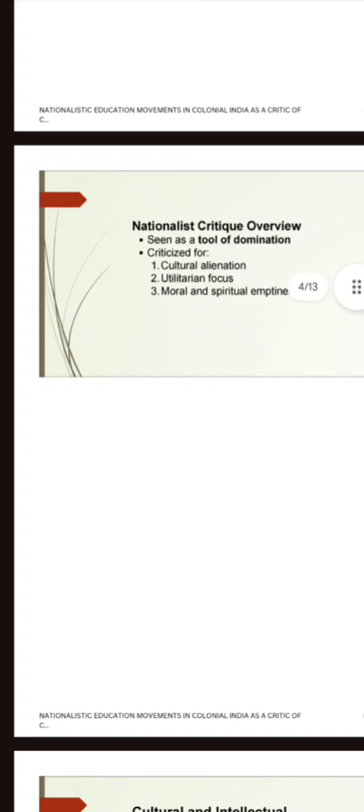The next one is the nationalist critique overview. Seen as a tool of domination, it had a threefold flaw: cultural alienation, utilitarian focus, and moral and spiritual emptiness. The colonial educational system was designed to create a group of Indians familiar with Western ideas, but cut off from their traditions.